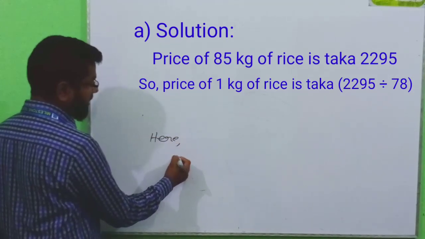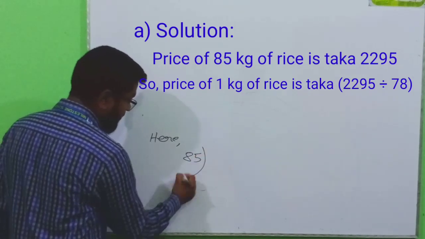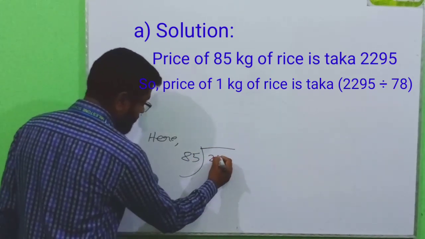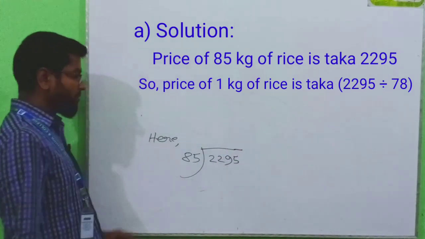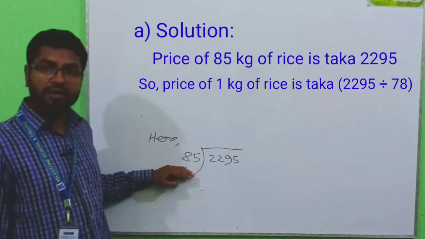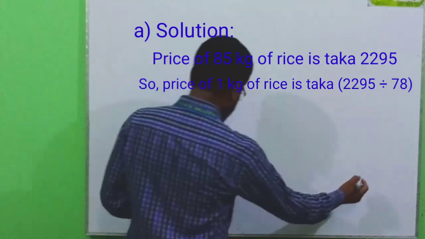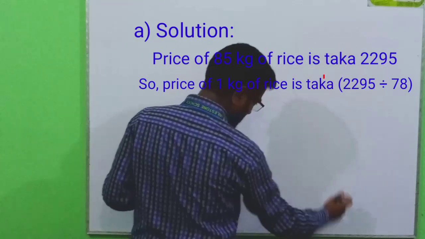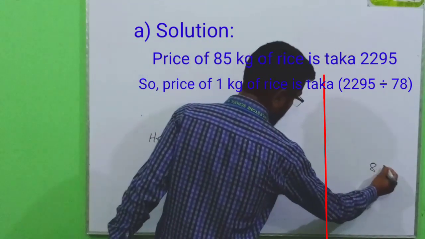Okay, here, so we will divide 2295 by 85. So we know this is the big number. We have to go for raw work. In the raw work, you have to give a straight line, then we will do raw work with 85.